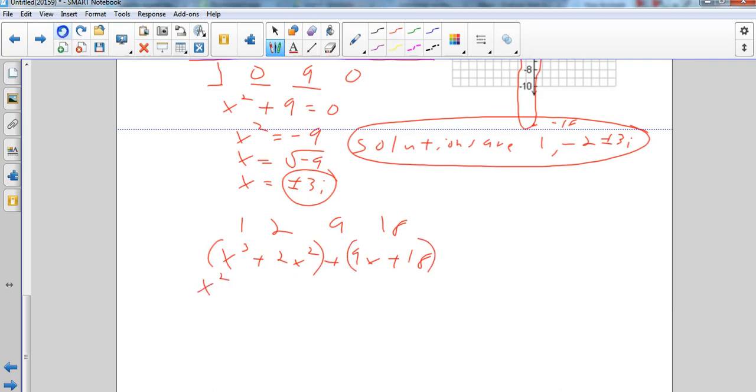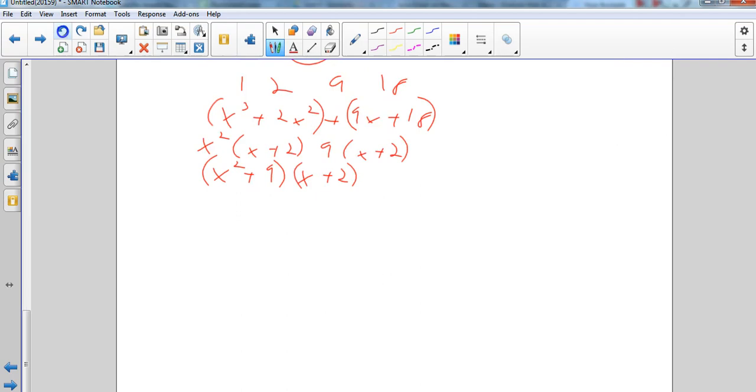I can take out x squared and get x plus 2. Pull out 9 and get x plus 2. And then what I get is x squared plus 9 times x plus 2. Set these both equal to 0. And here's where I would have got my plus or minus 3i, and here's where I would have got my negative 2.